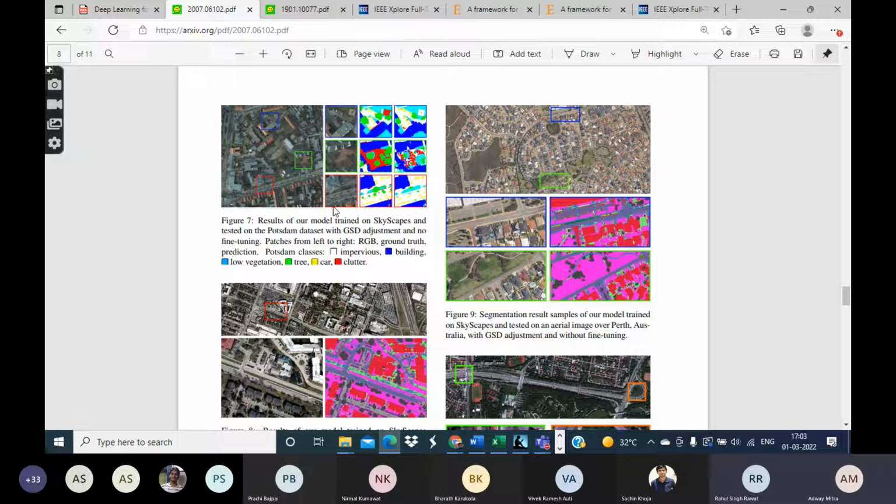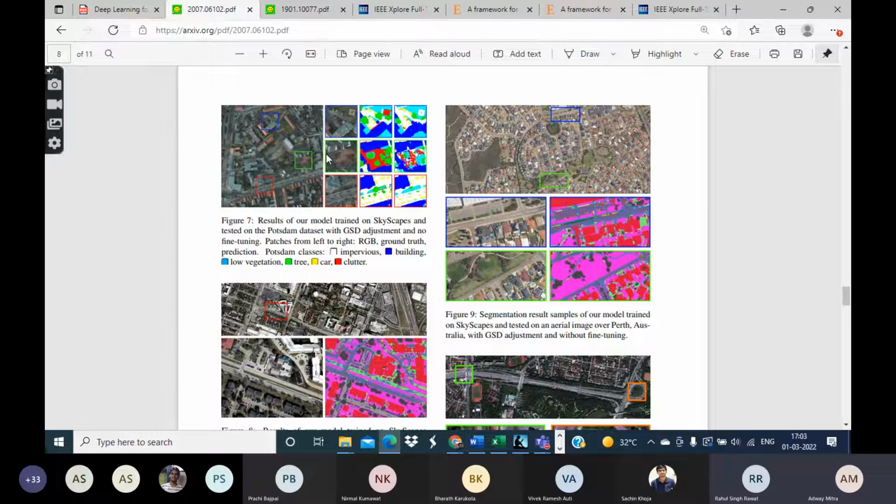They may not have done any separate domain adaptation for these new regions, but may simply be using the same network without any change of the weights, because all the cities will have roughly the same set of labels. So here these are the different classes which they are showing.